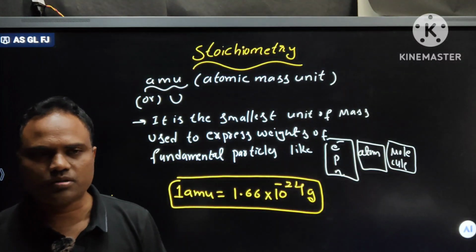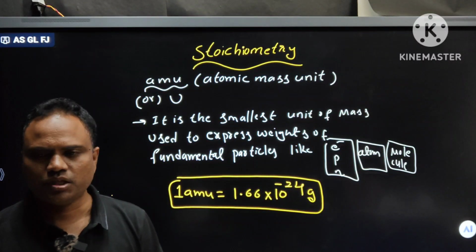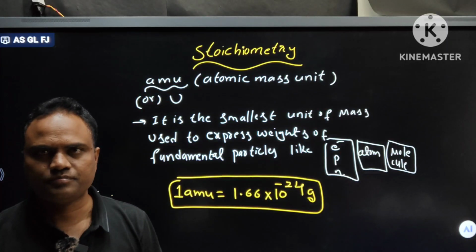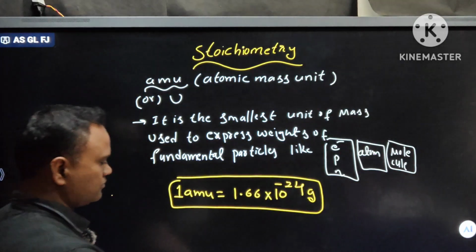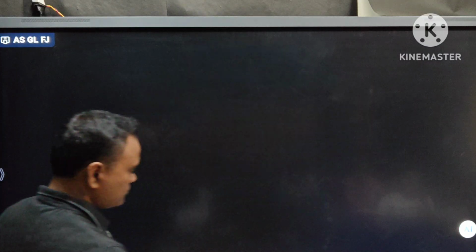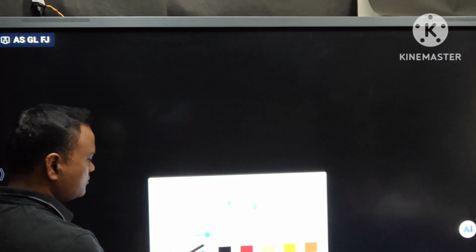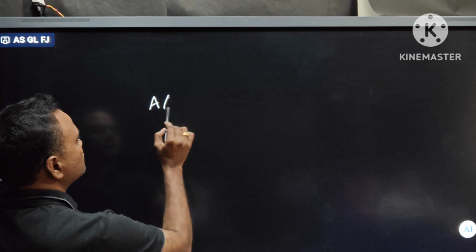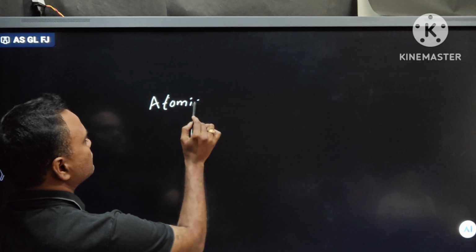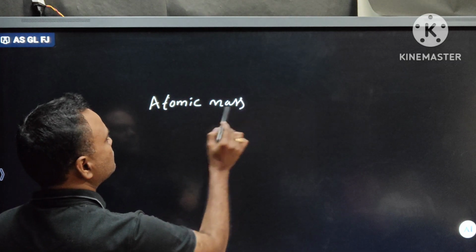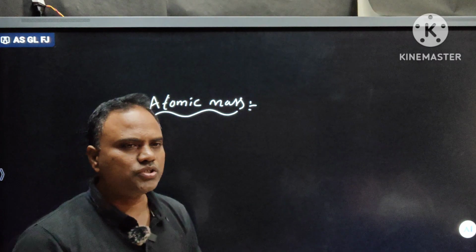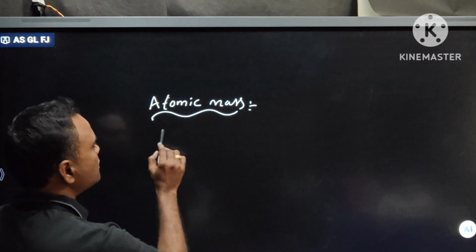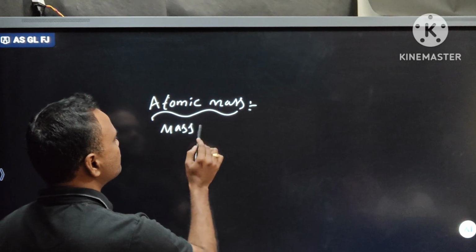Next, keep the heading atomic mass. Mass of an atom is called as atomic mass. Mass of an atom. Simple definition.